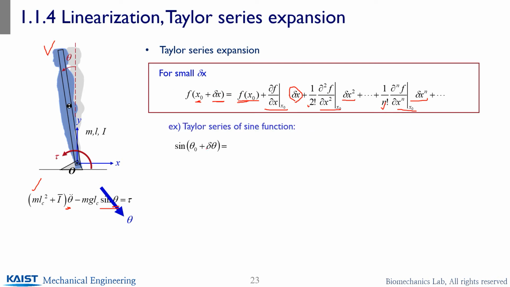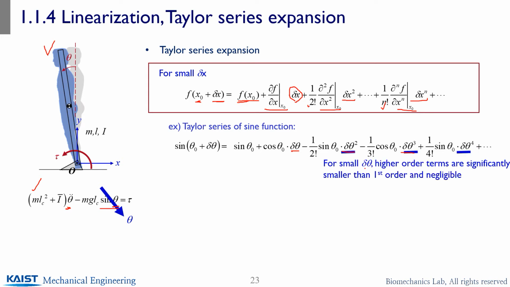Based on this Taylor series expansion, if I expand sine theta, it's going to be sine theta naught plus something times delta theta, plus something times delta theta squared, delta theta cubed, and so on.